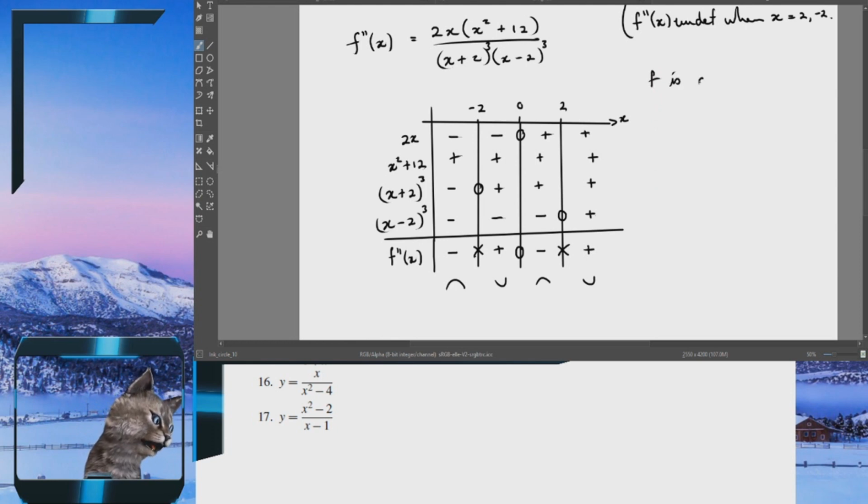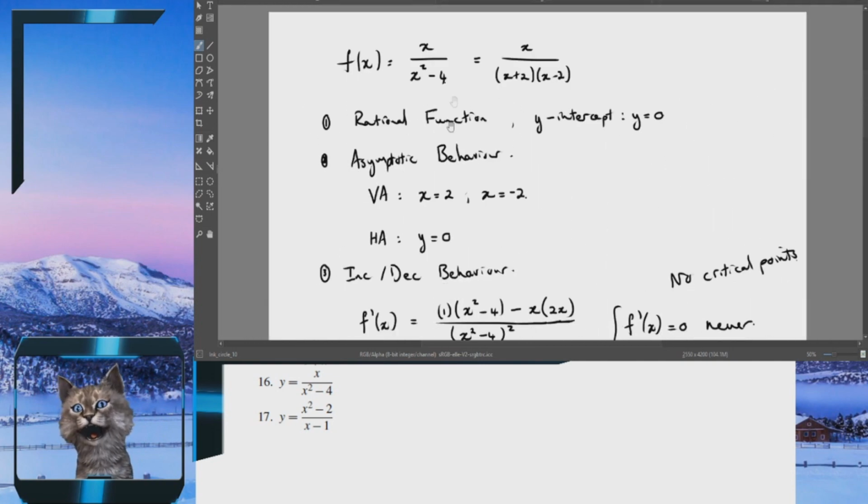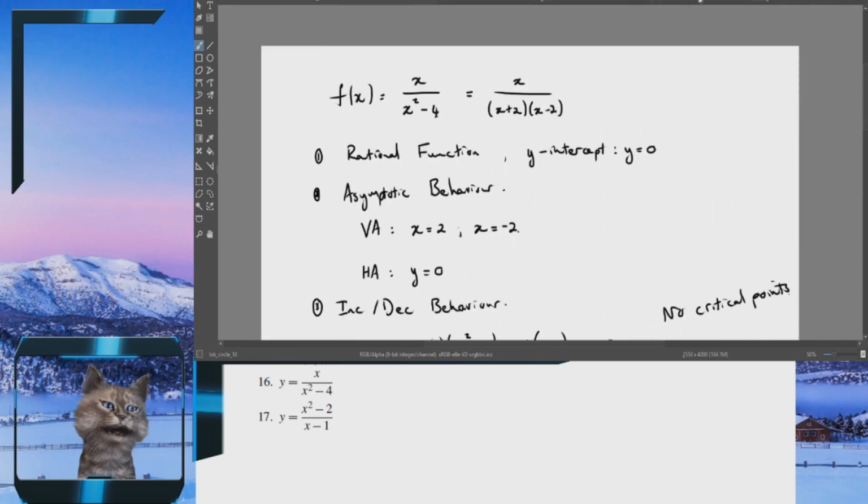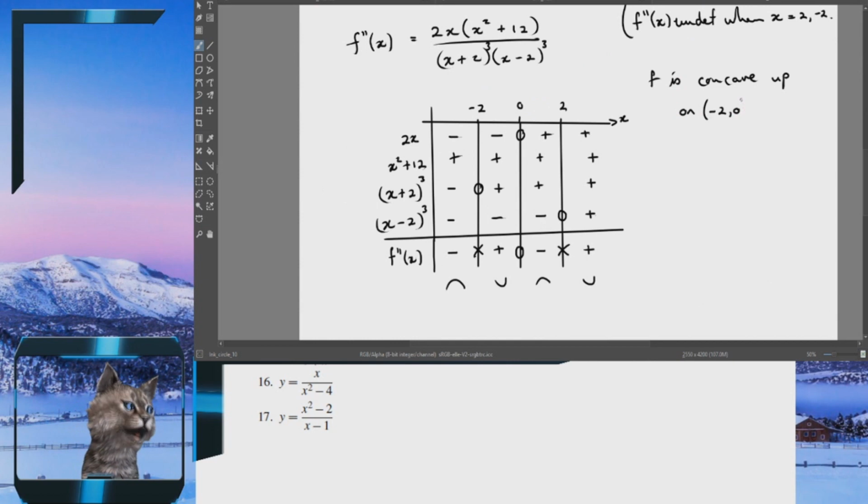F is concave up on negative 2 to 0. Which one should be included? Not -2, because my original function is not happy with -2, but it is happy with 0. And it's also concave up from 2 to infinity.